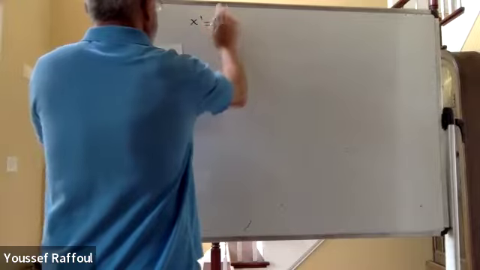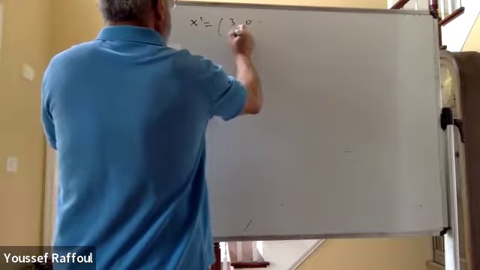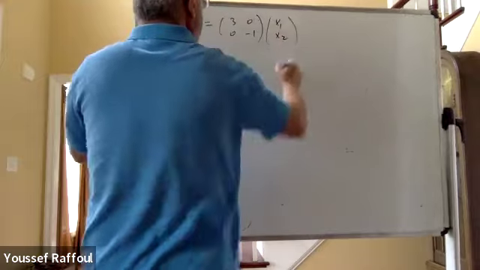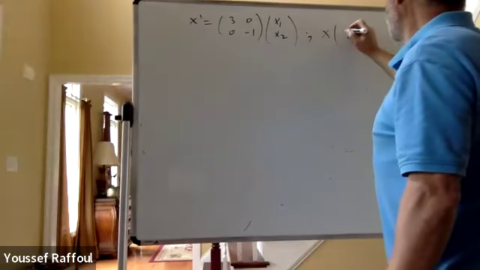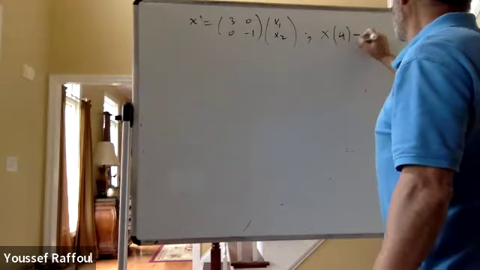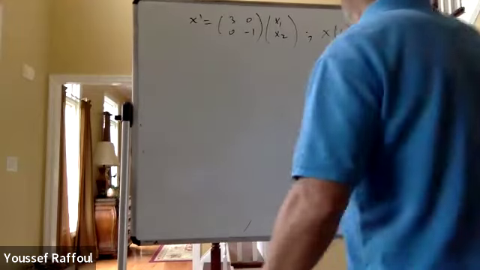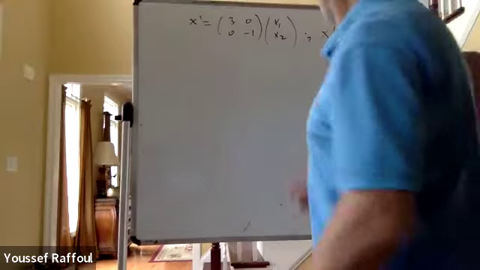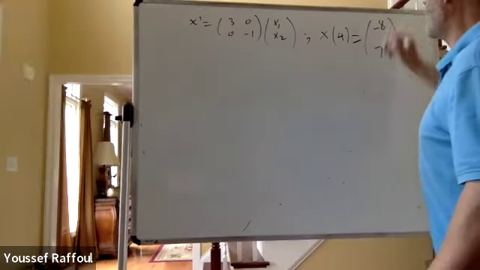Let's say we have x prime equal to the matrix 3, 0, 0, minus 1 times x1, x2. And let's say I have x of 4 equal to minus 8, 7.